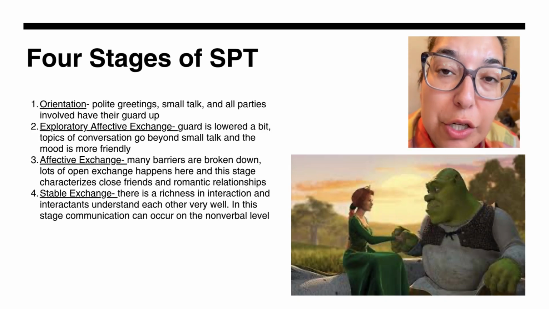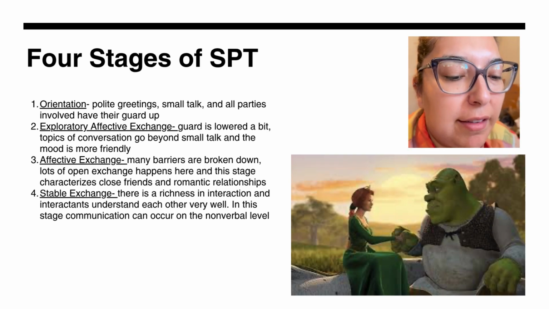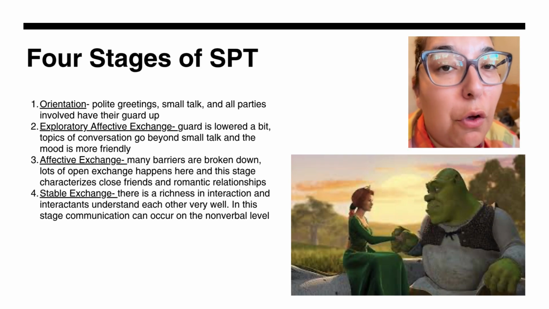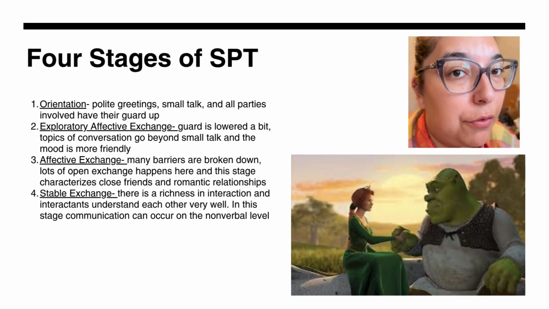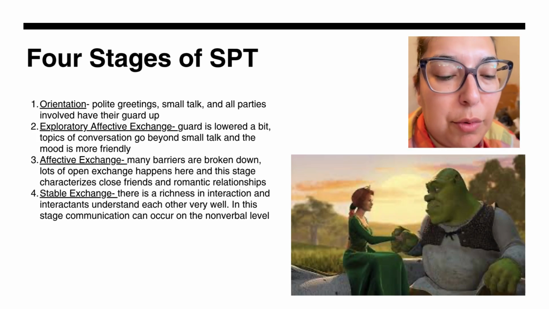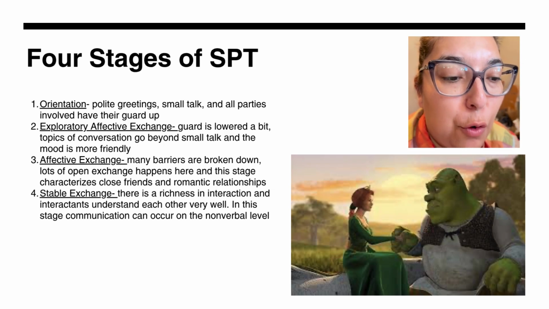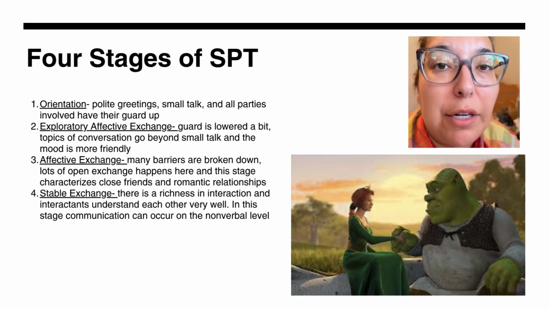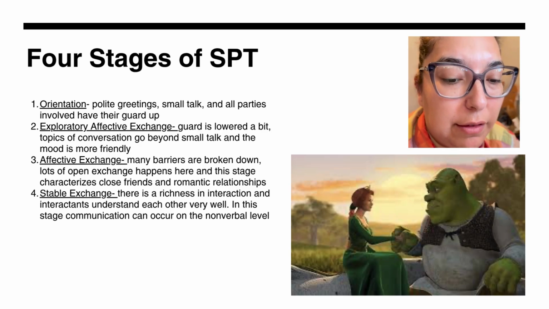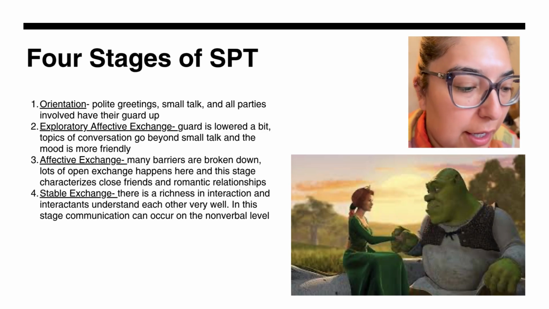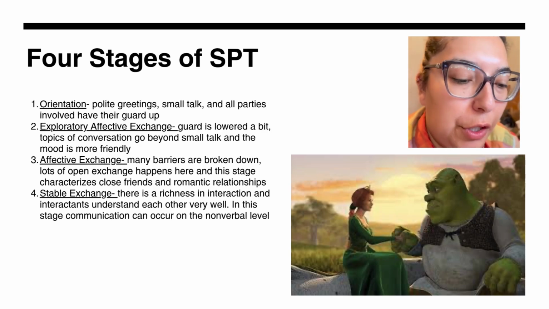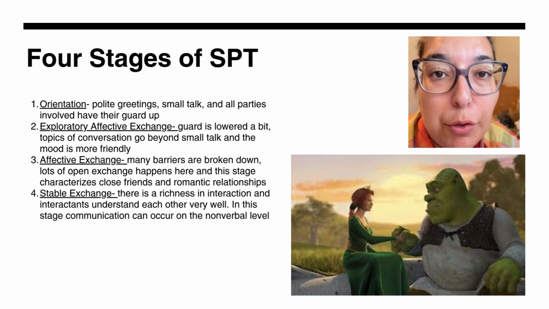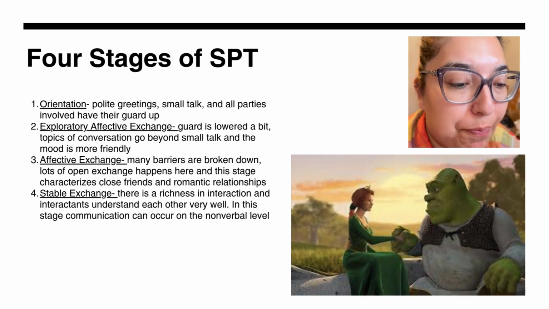You both enjoy each other's company. Lots of topics being talked about here. This is also when religion and politics, you feel safe enough to talk about that probably. And so essentially in stage 3, we have a lot of trust between the interactants. And then of course, do you feel safe enough to move into a romantic relationship here?